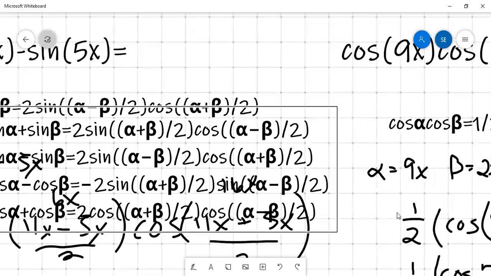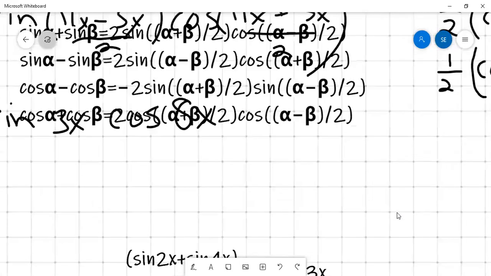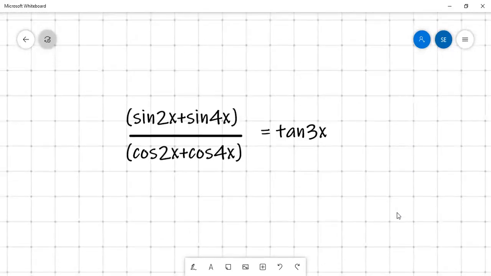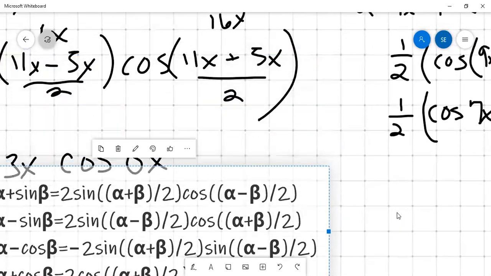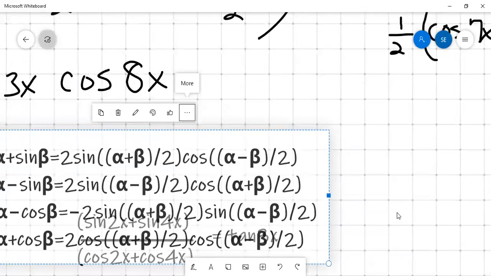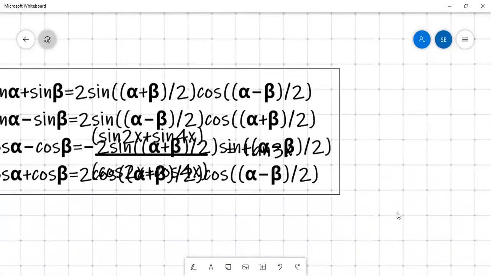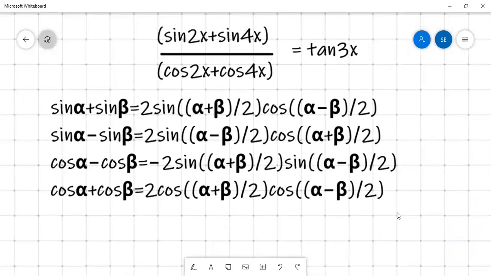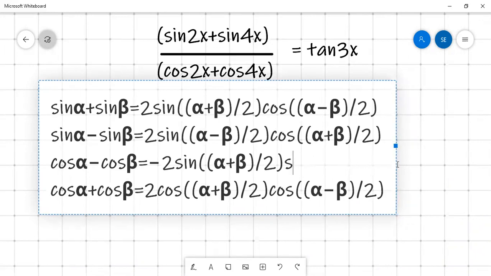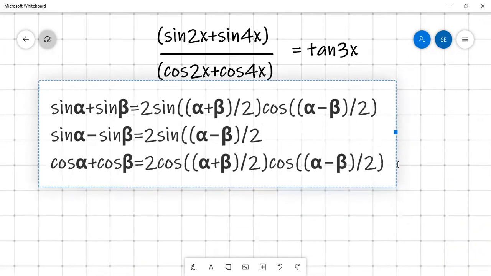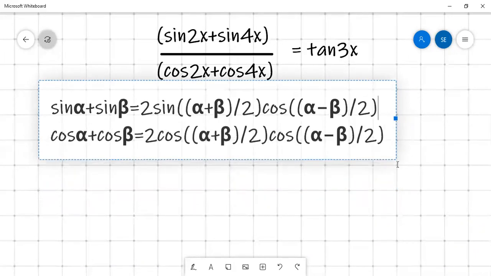Sorry, this could be better. Okay, we can eliminate these middle rows. We just need this first one and the last one, so we're going to get rid of these ones. Our numerator has sine alpha plus sine beta.